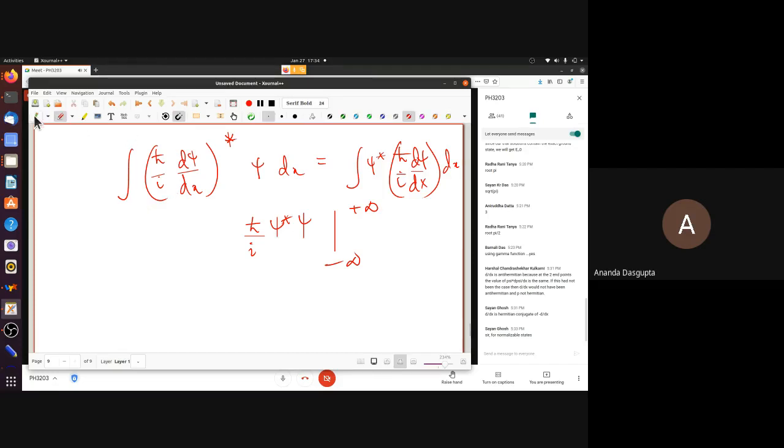It could be from some lower limit of your x to some upper limit. Your system may be defined only between a and b. So then this integral would have to be at a and b.